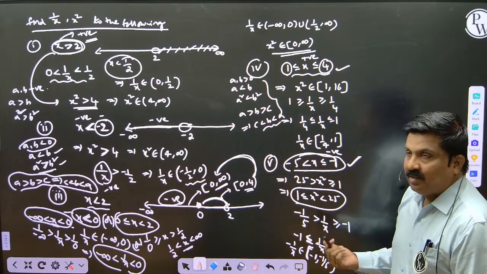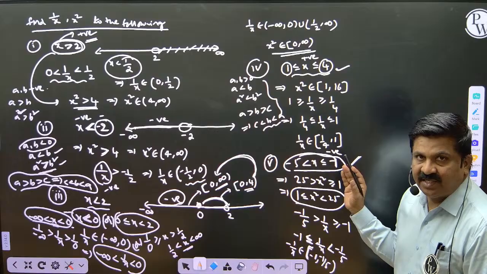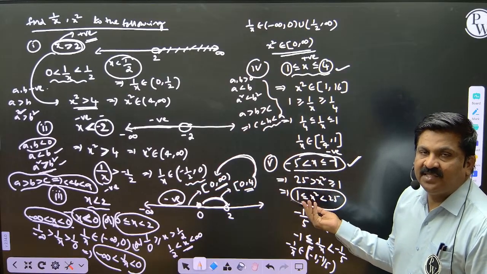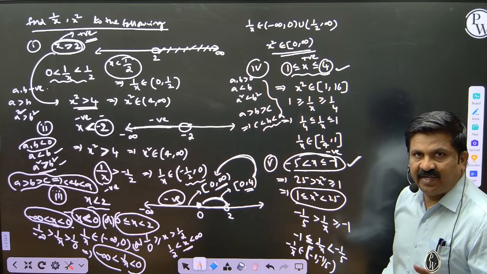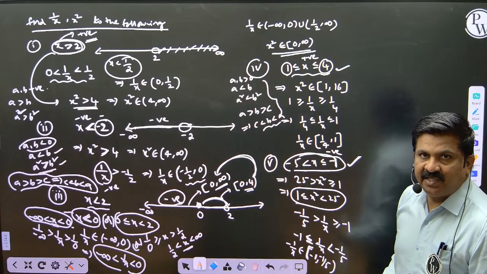Both positive: if you square it, the inequality will not change. Both negative: if you square it, the inequality will change.